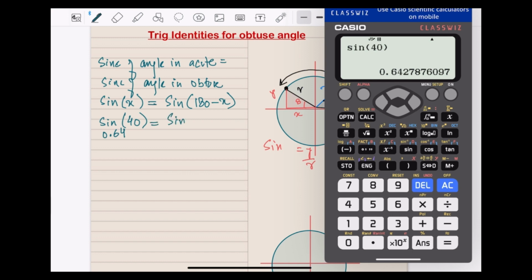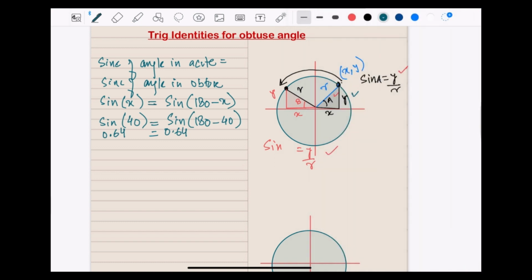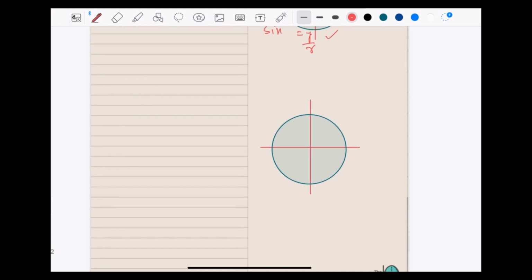And if I write sine of 180 minus 40, since I've taken x as 40, so 180 minus 40 is 140. It gives you exactly the same answer. So from here, we can write that this is our first identity because in the obtuse angle and acute angle, sine is the same. Let's take an example for cos here.